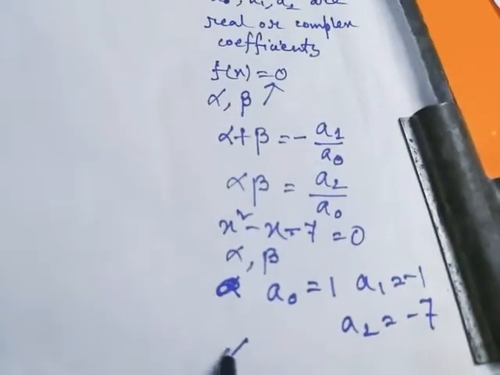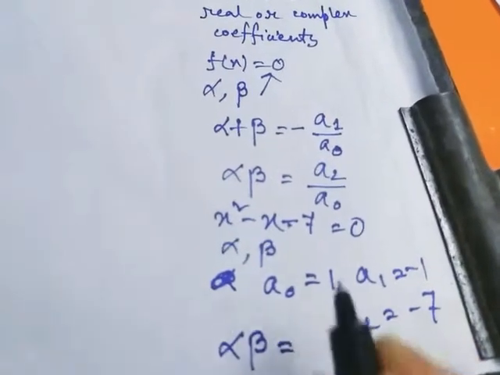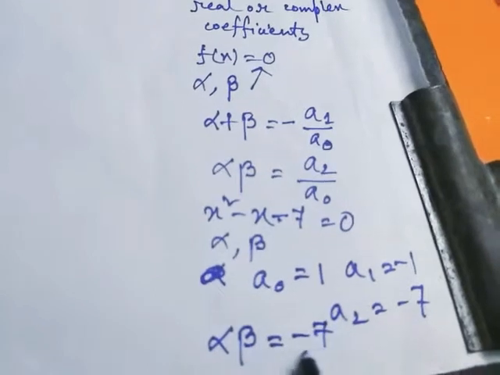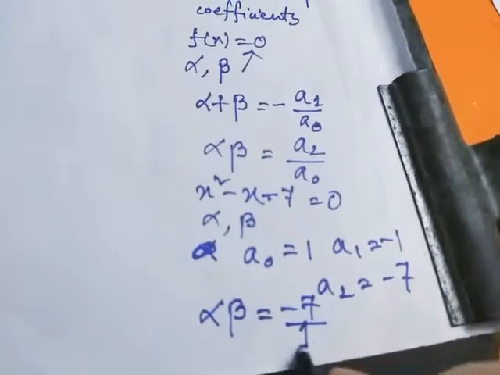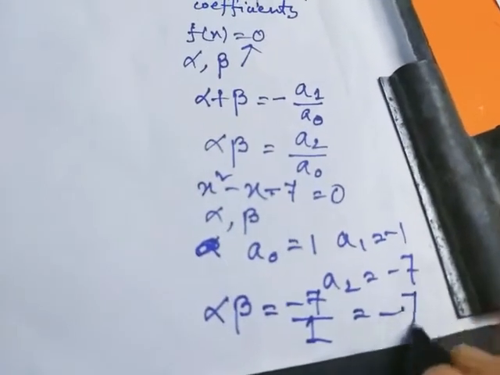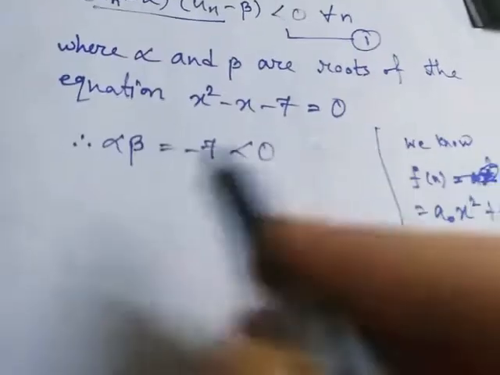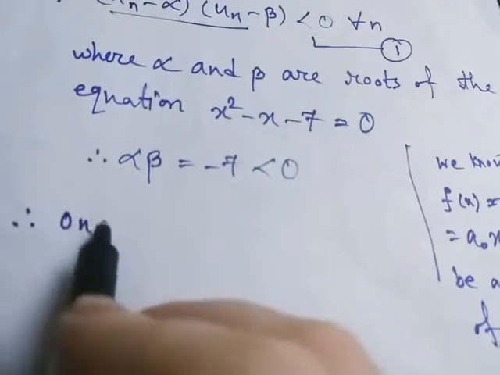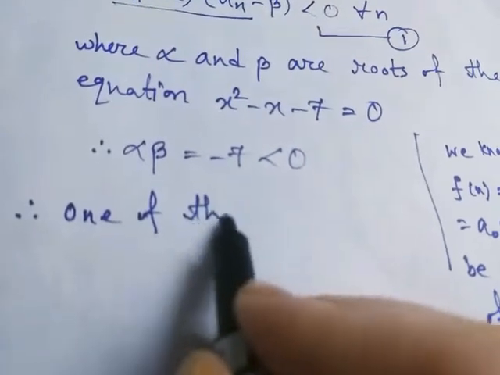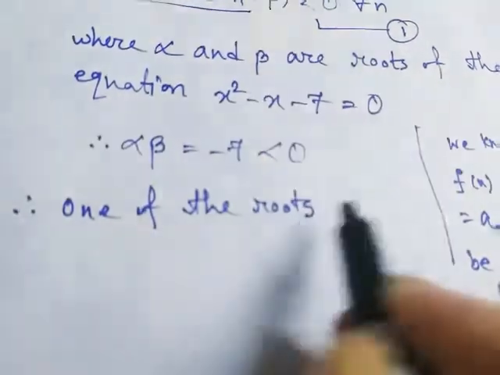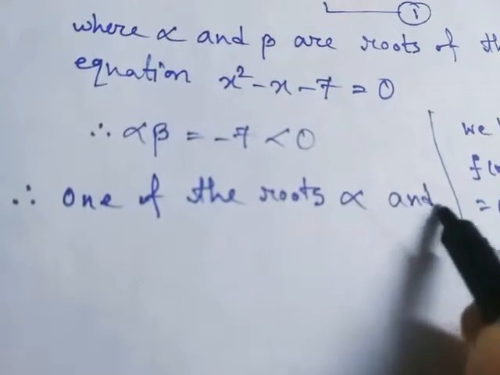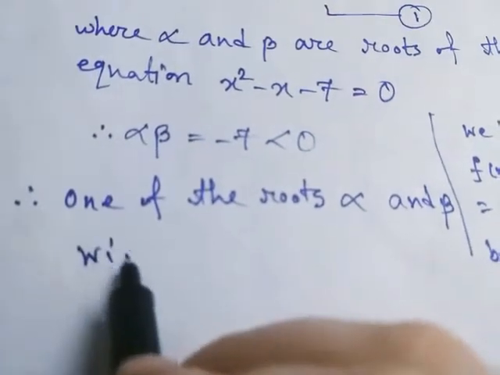So the product of roots, alpha beta, equals a2 by a0, which is minus 7 by 1, equals minus 7. So alpha beta equals minus 7. Therefore, one of the roots, alpha and beta, will be negative.